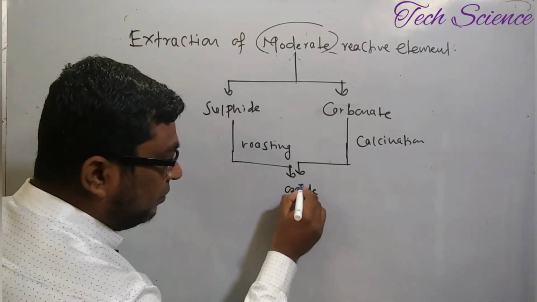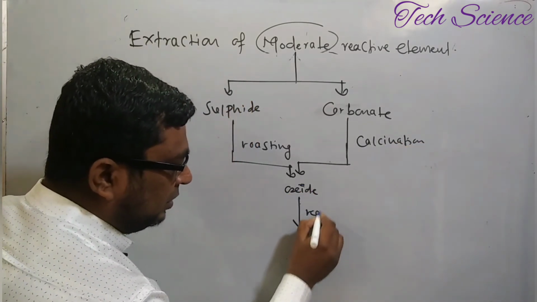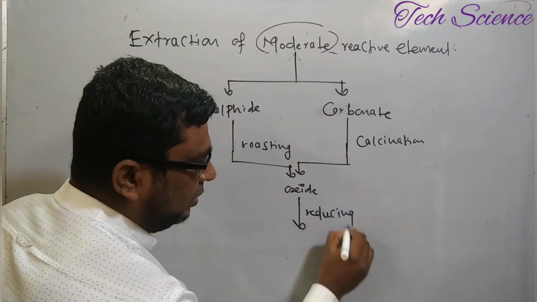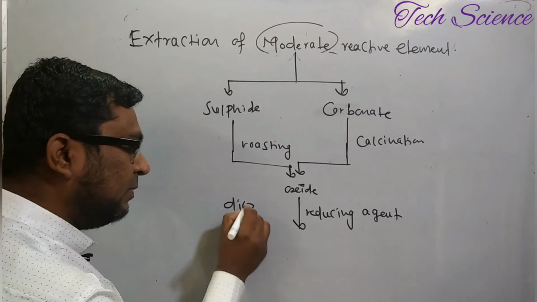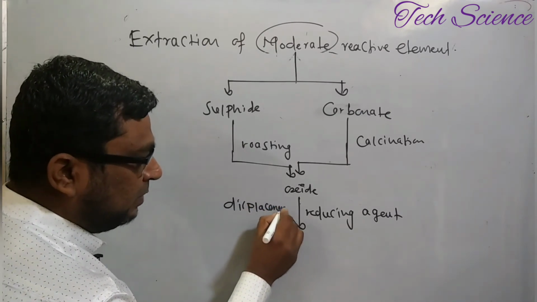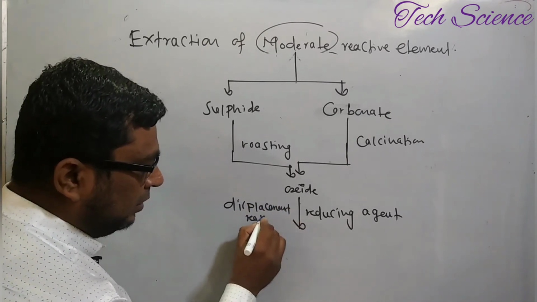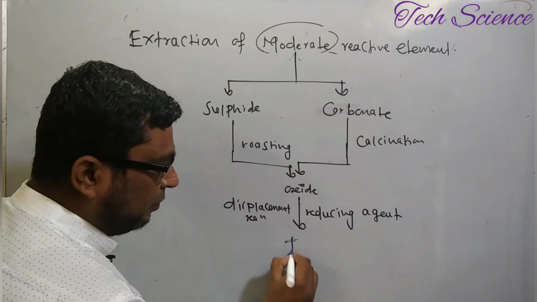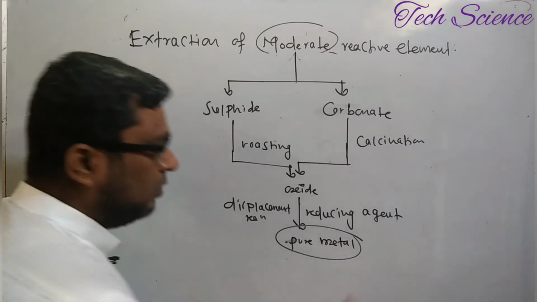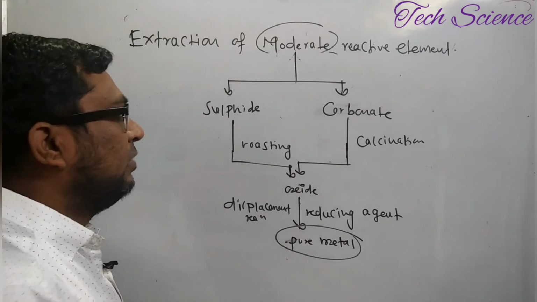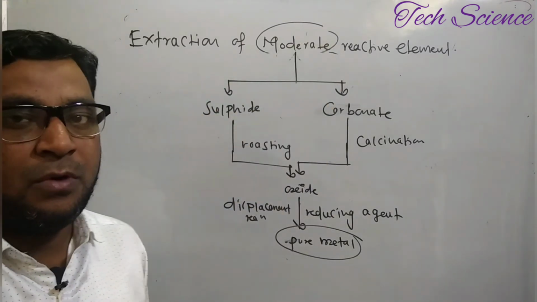Once it converts into oxide form, use any kind of reducing agent, and a displacement reaction occurs here, and you get the pure metal, which is moderately reactive. So within this chart you can clarify the extraction of moderately reactive elements.